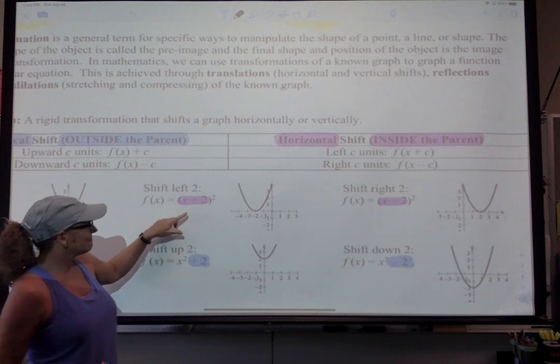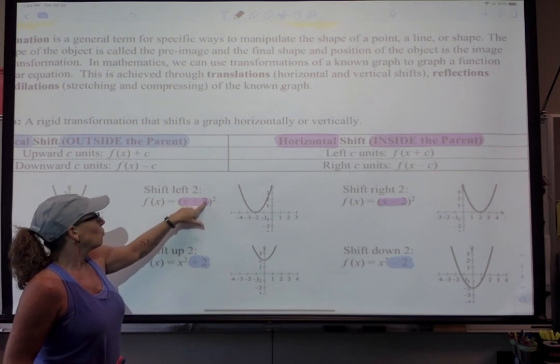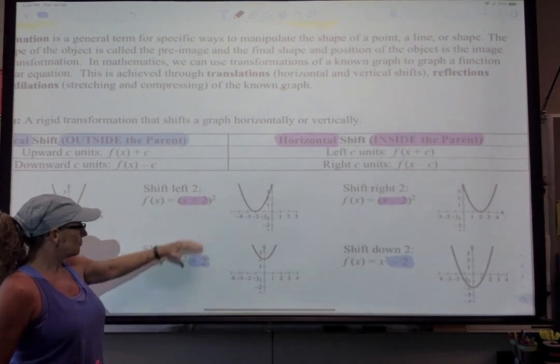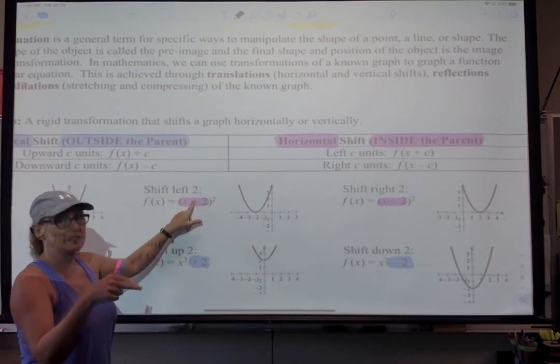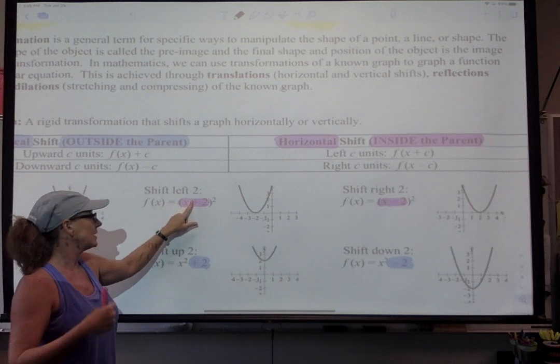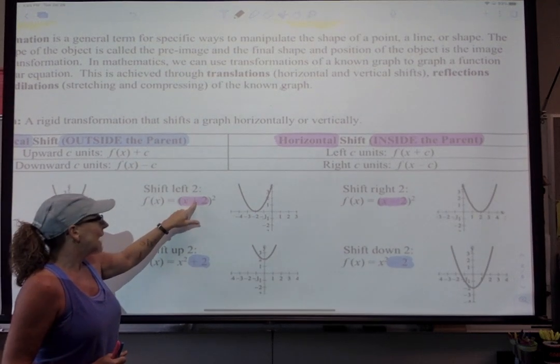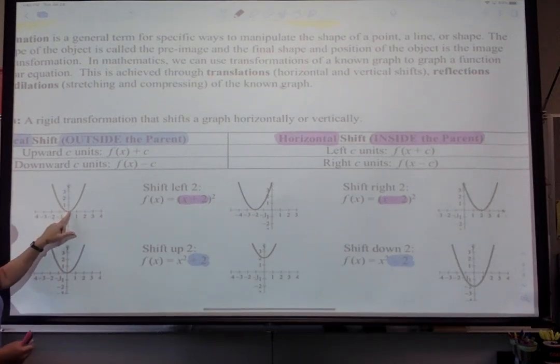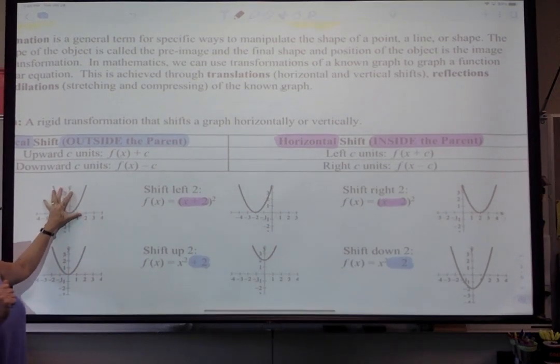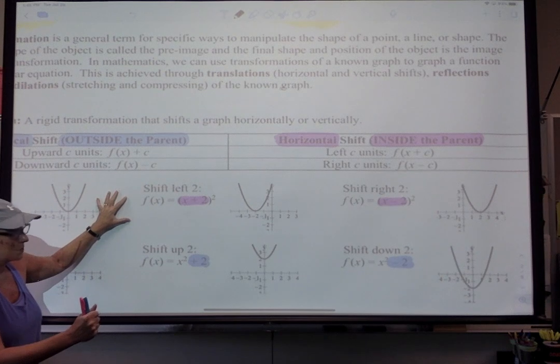So if I use the same philosophy, this is a horizontal transformation. So now you've got to think left versus right. It looks like you would add 2 to all of your x's, and your graph would go 1, 2.